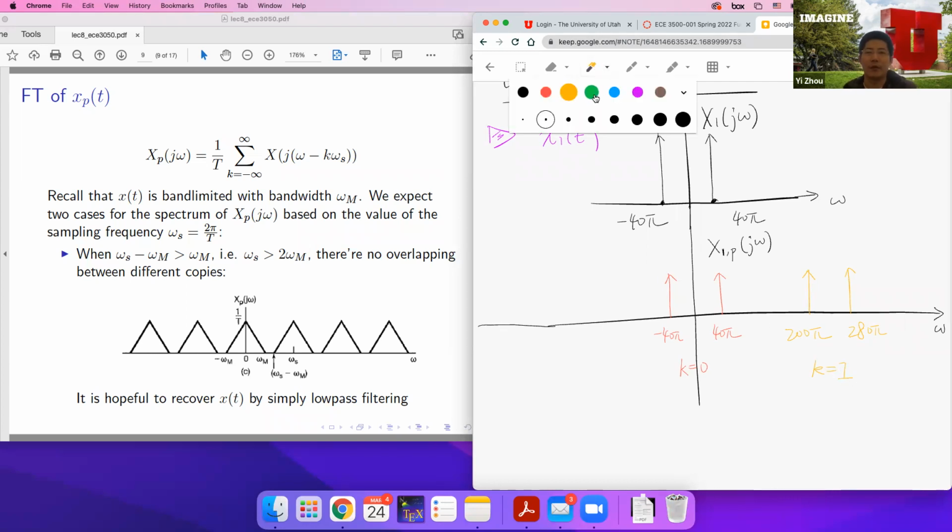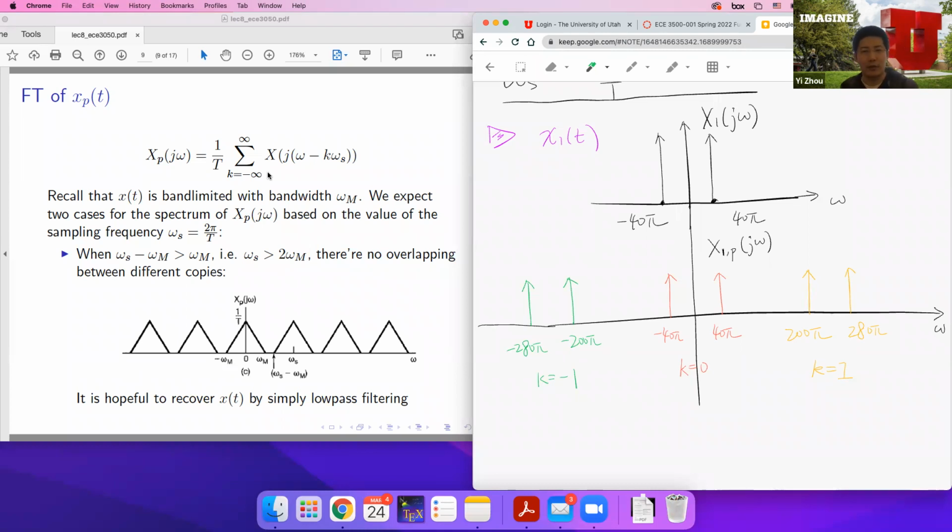And correspondingly, for k equals -1, you have these two. Okay, so these are the first 3 copies, and the rest, you have infinitely many of these copies. So you can just plot the first 3.